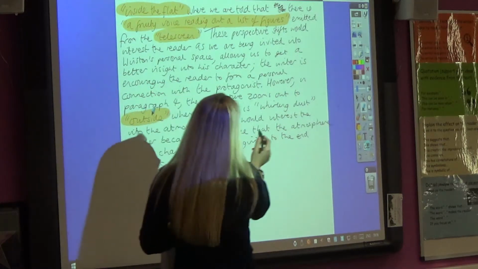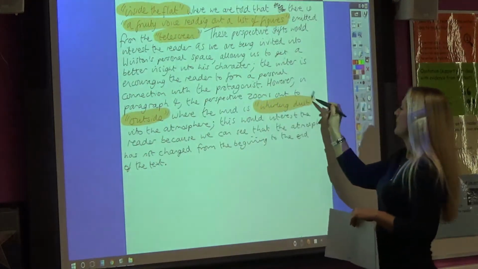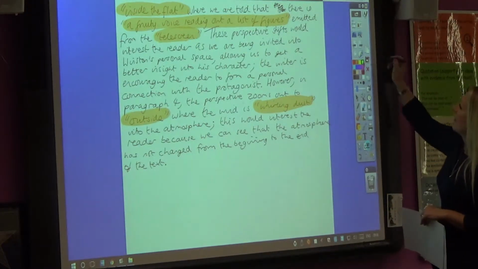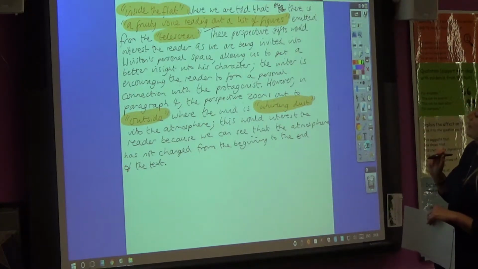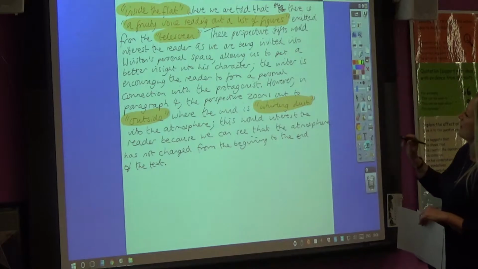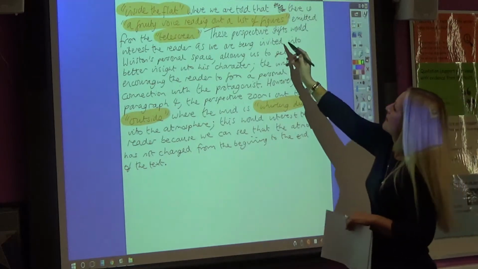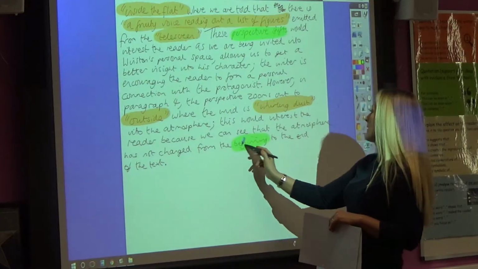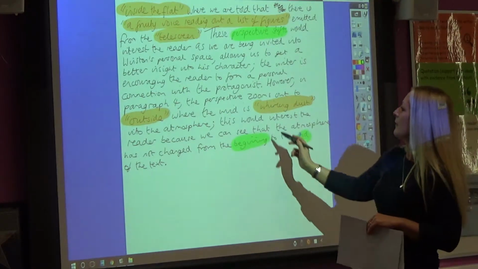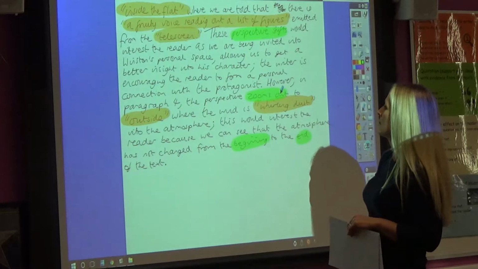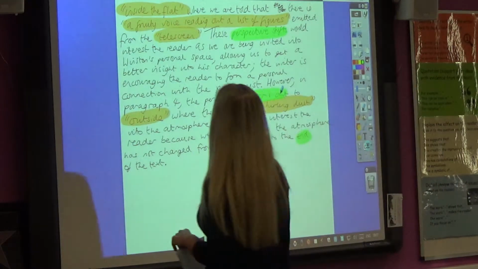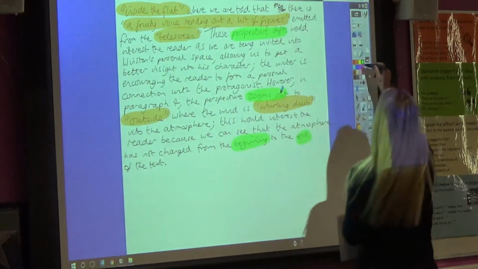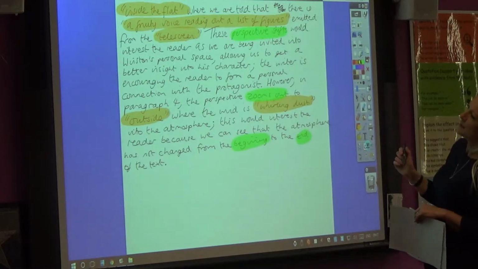I think my structural terminology from memory was green. So we've got perspective shifts, we've got beginning and end again, we've got the zooms out, and then we've got our comments about the reader, interest the reader.